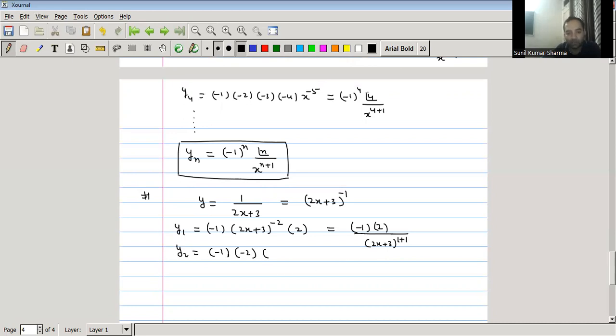So second derivative is -1 into -2, 2x plus 3 to the power -3 into, again you get 2, so we get 2 square.